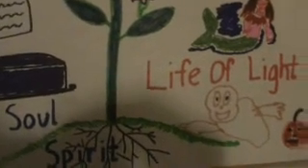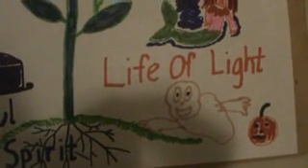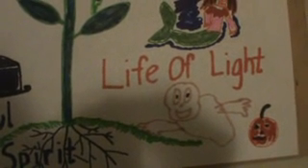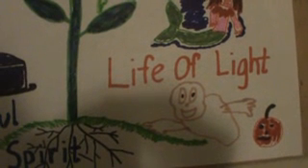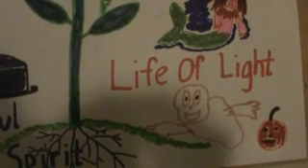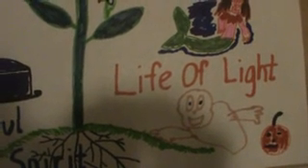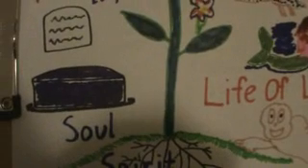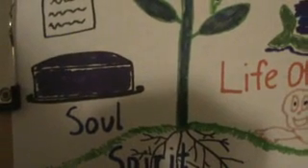But I'm sure that with the life of light, between a ghost and along with that, you get the goblin, and then the pumpkin, the jack-o'-lantern pumpkin, and then right here you have a coffin. The coffin is for funerals.